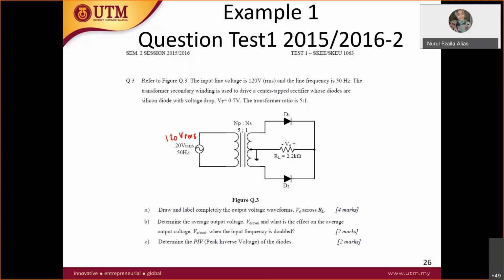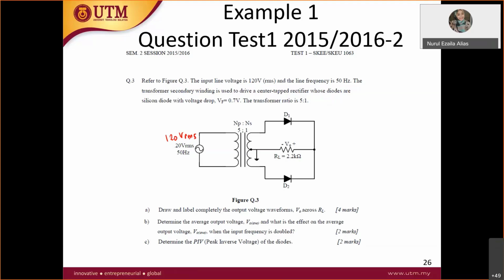Then the transformer secondary winding: from what I said just now, it could be step down or step up. Here it is step down, 5:1, and drives the output.